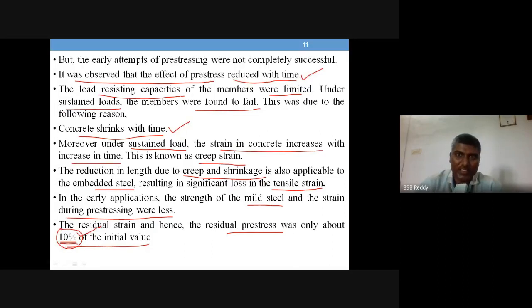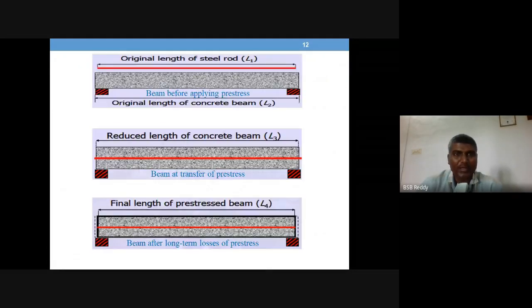So this is the reason for the early pre-stressing attempts' failure. Okay, so that is also explained in terms of numbers.